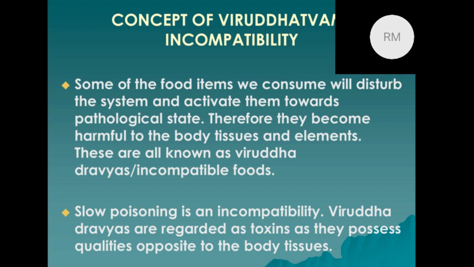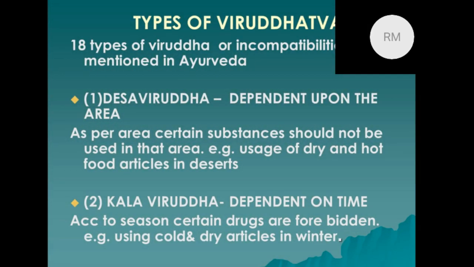And these are triggered by certain factors which are not yet fully understood in modern medicine and science. Whereas in Ayurveda, we trace this almost invariably to the concept of incompatibility. Is this concept clear? So we will now look at 18 types of incompatibility.